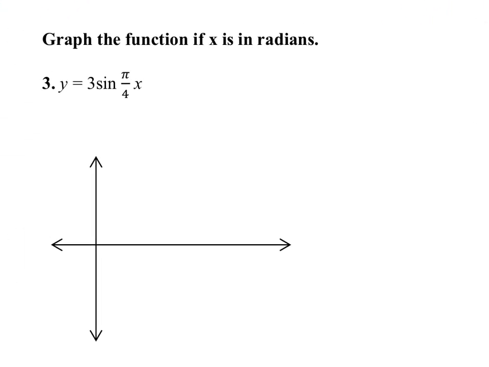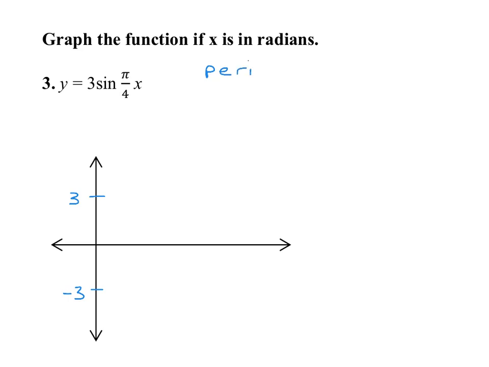Alright, we're going to do more of the same, but now we're going to practice in radians. Okay, for number 3, amplitude is 3. So we go to 3 and negative 3 on the y-axis. Our period, they don't ask for it, but let's write it anyway.